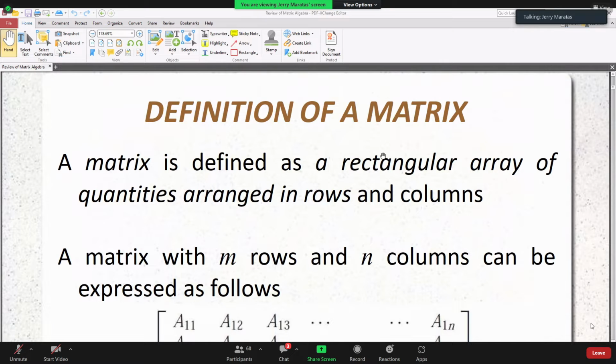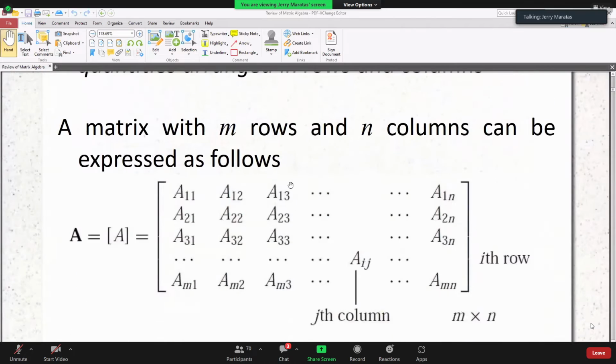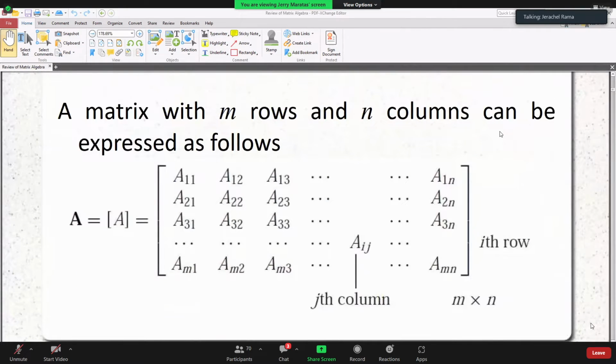So let's define what a matrix is. A matrix is a rectangular array of quantities arranged in rows and columns. A matrix can be expressed as follows. In this case, we have m number of rows and n number of columns.